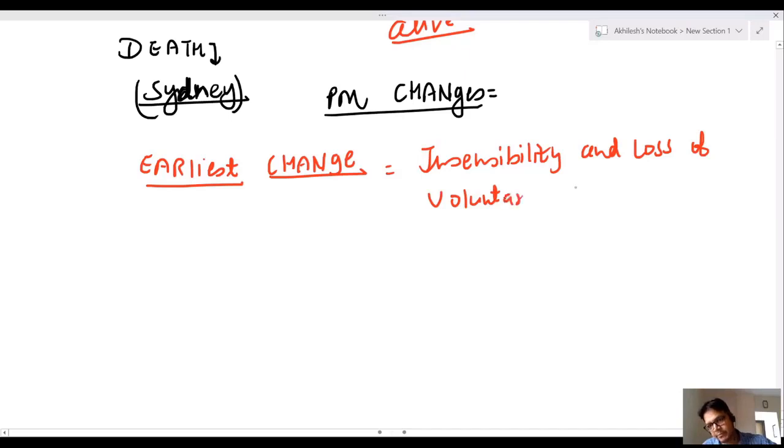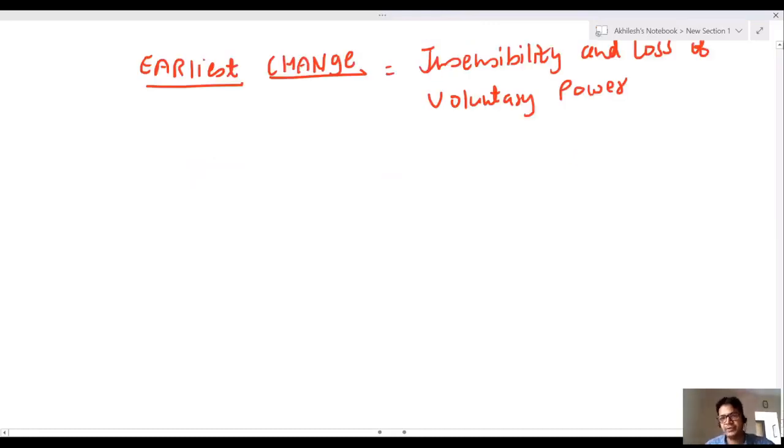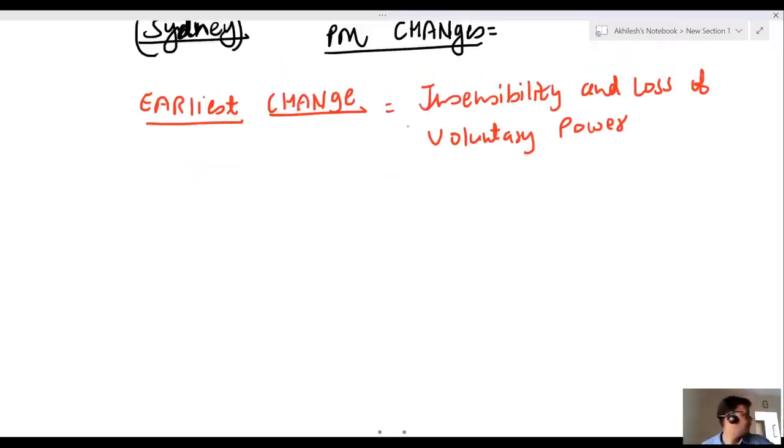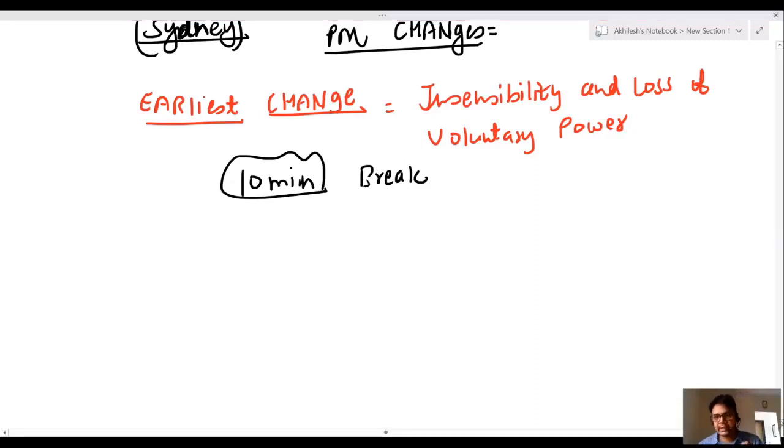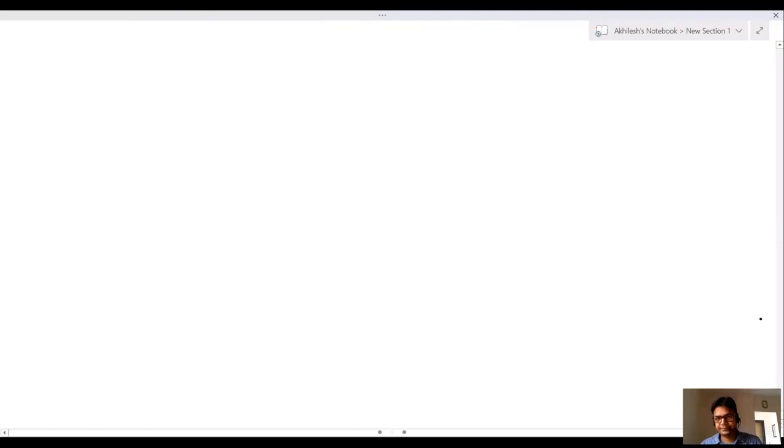This question comes in exam. There will be loss of sensation and loss of voluntary power. This is the earliest change of the death.